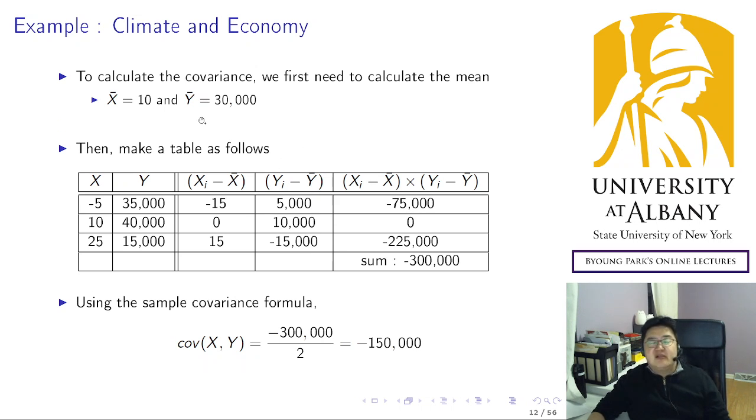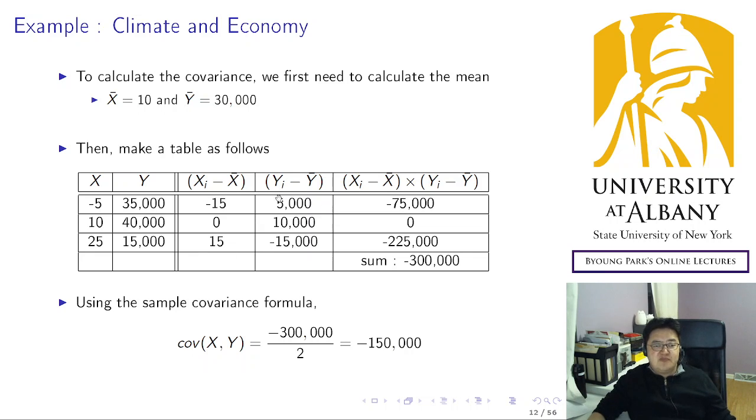Then, like in the variance calculation, we calculate the deviations. The average temperature is 10, so Canada is 15 degrees below the average, Mexico is 15 degrees above the average, and the US is exactly the average. This captures the deviation of temperature.